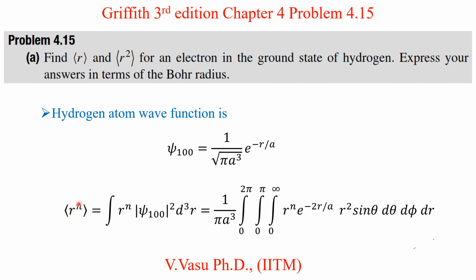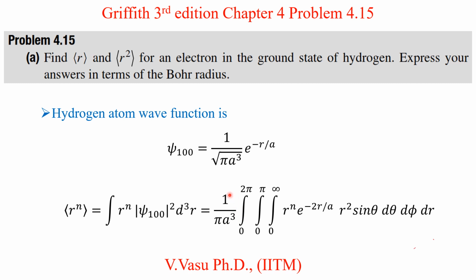That is, we will find the general solution. So the expectation value of r power n is equal to the integral of r power n times the modulus square of this wave function, integrated over the volume d tau.